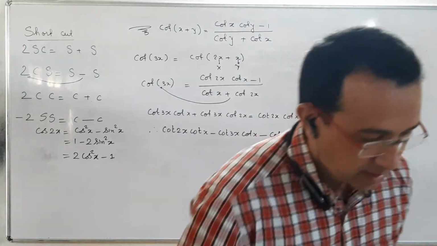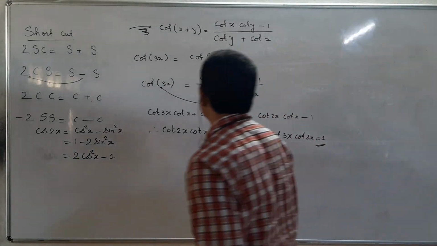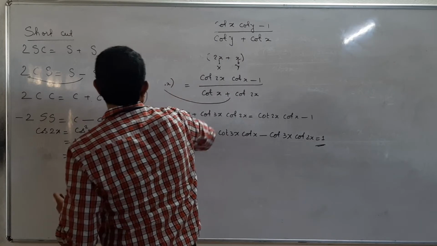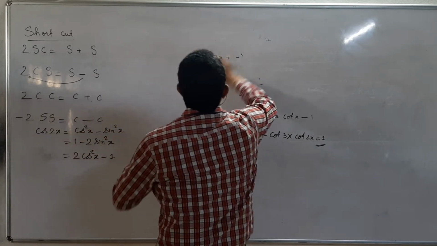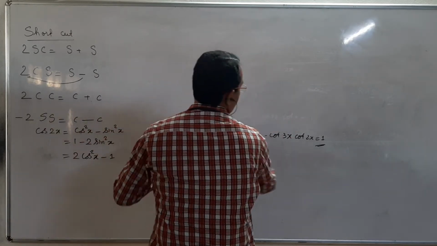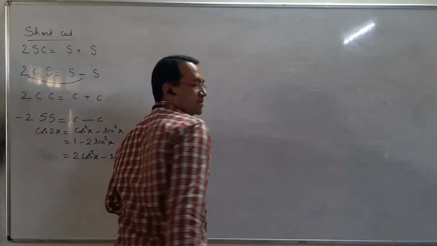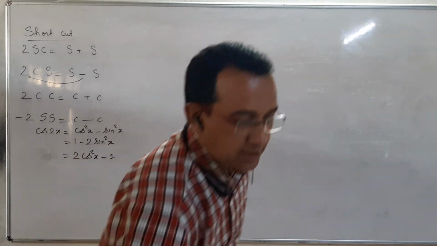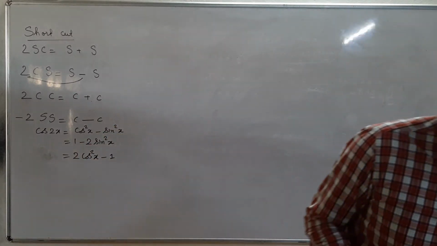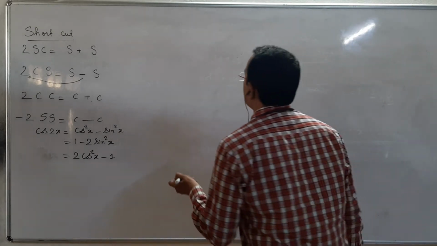Okay, students, now sum number 23. Now, students, we are doing sum number 23. It is tan of 4x.